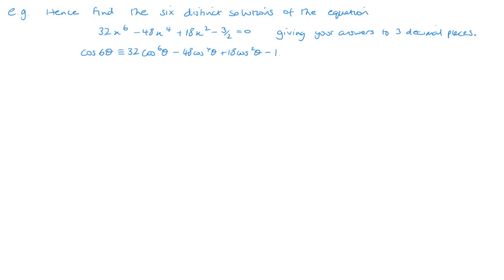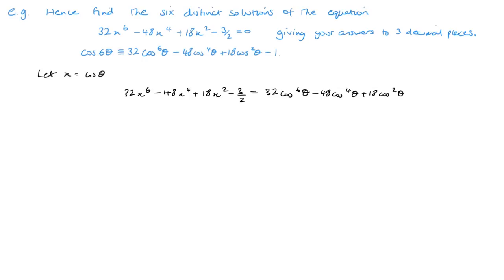Now we've got this. So if I said let x equal cos theta, then 32x to the power 6 minus 48x to the power 4 plus 18x squared minus 3 over 2 would be equal to 32 cos to the power 6 theta minus 48 cos to the power 4 theta plus 18 cos squared theta minus 3 over 2.